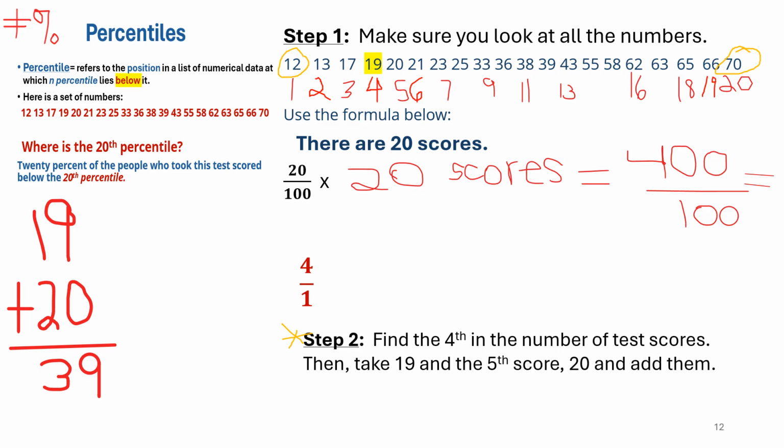So you have 20 scores times 100, and this is the percentile. That's what this 20th P is. So this formula is P for percentile times the number of scores, and again, it's over 100.